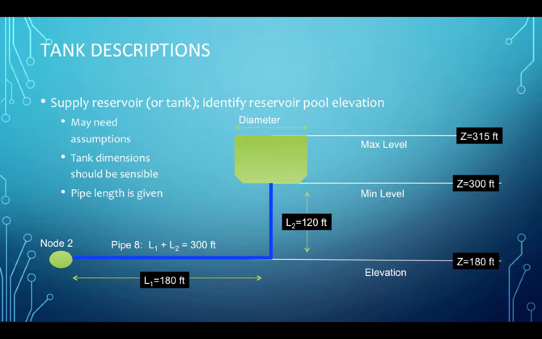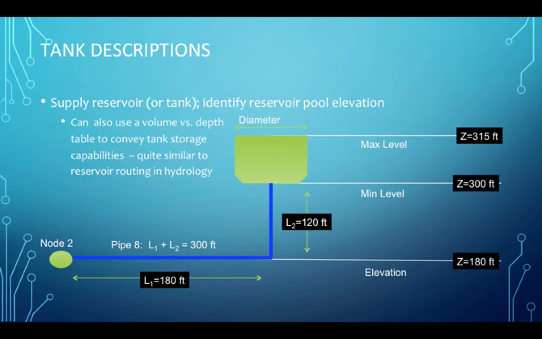The tank dimensions would have to be something sensible. You had that table earlier to give you some rough ideas. An alternative is we can use a volume versus depth table to convey tank storage capabilities. It's quite similar to reservoir routing in hydrology. And so when we get to that in the course, we will discuss it.